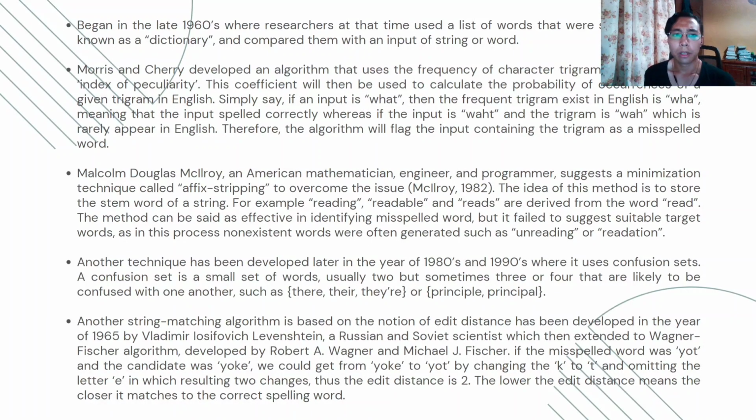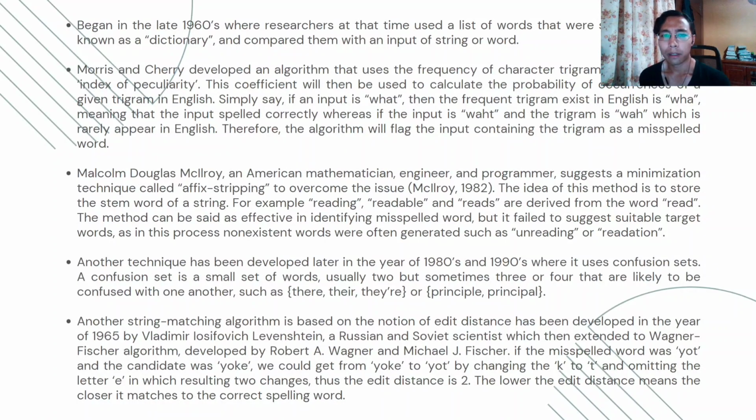So Morris and Cherry developed an algorithm that uses the frequency of character trigrams to calculate an index of peculiarity. The index of peculiarity is a coefficient used to calculate the probability of occurrence of a given trigram in English.